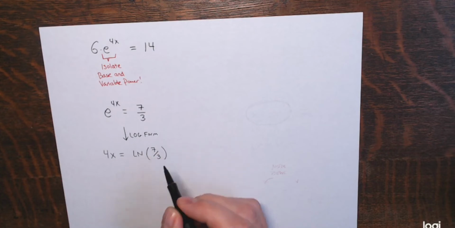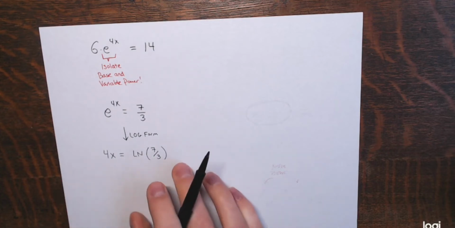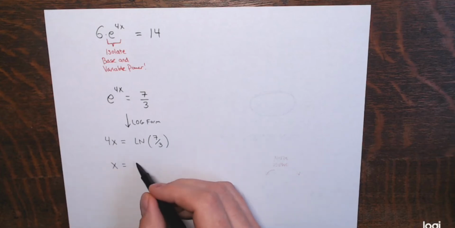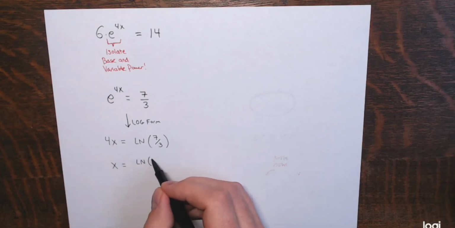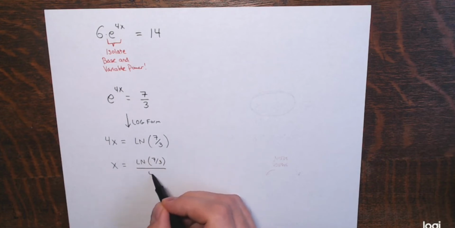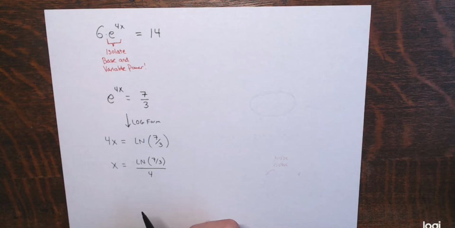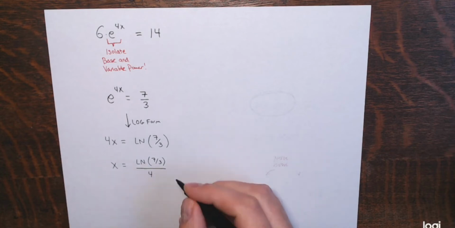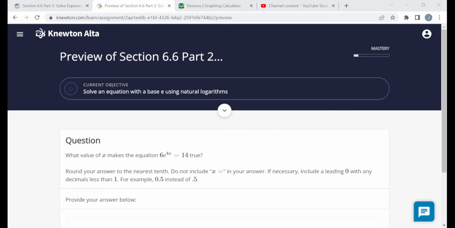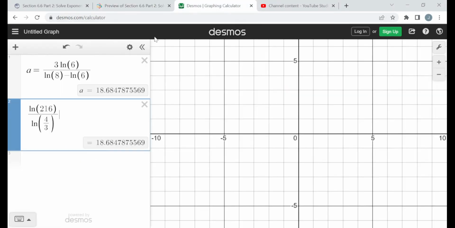And then to get x alone, we divide by 4. X equals the natural log of 7/3, whatever that is, divided by 4. And we are asked to round to the nearest tenth. So I'm going to punch this expression into my calculator and round to the nearest tenth, 1 decimal place.